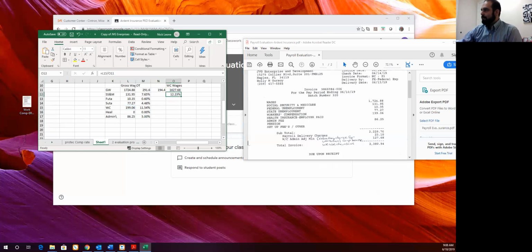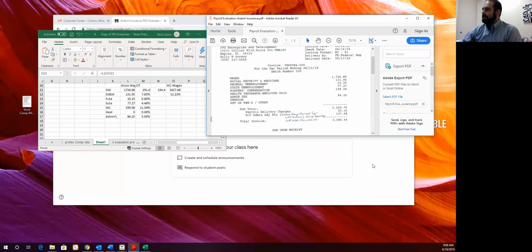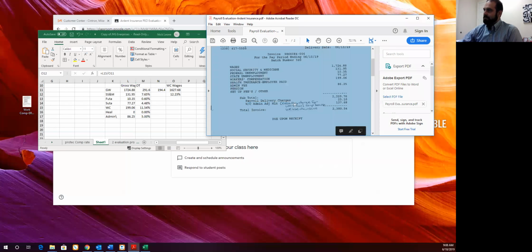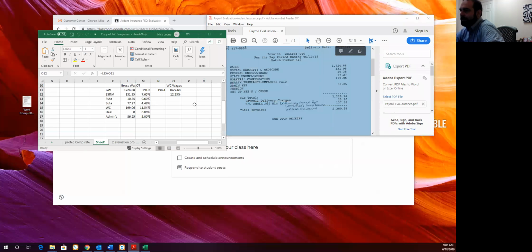One of the other things you've got to watch out for with Southeast is they have a weekly minimum, and you'll see that weekly workers' comp admin minimum. So for higher risk classifications, they want to see more premium. And it's pretty difficult to back into that, but what I do is I take this number, the workers' compensation that they charged, and the workers' comp admin adjusted minimum that they charge, and add them together.